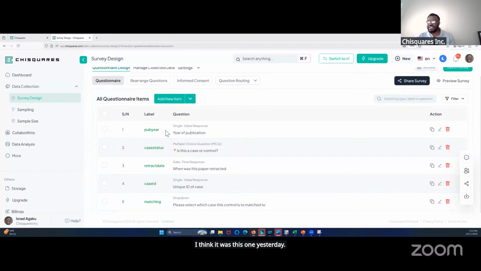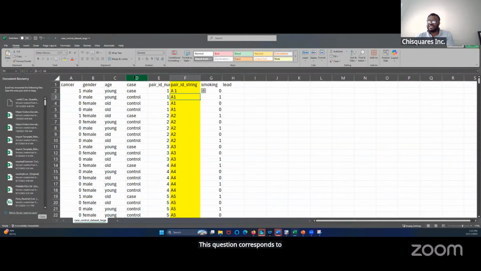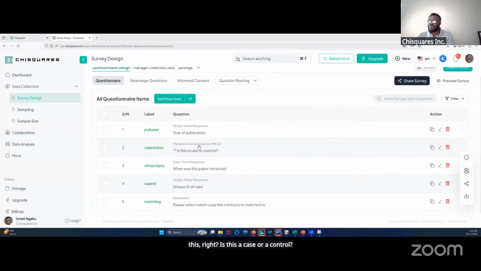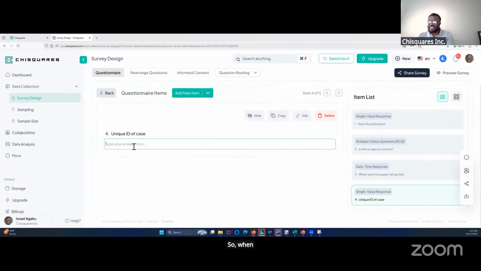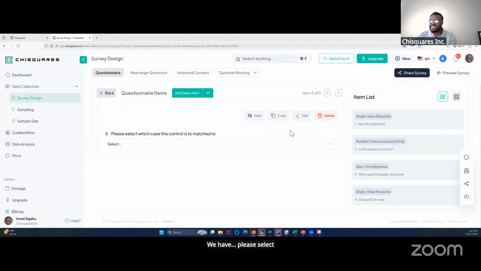So we had year of publication. Is this a case or control? This question corresponds to this, right? That's what it corresponds to. And then we have the unique ID of case. So the case will create a unique ID that identifies the case. And then we have, please select which case this control is matched to.